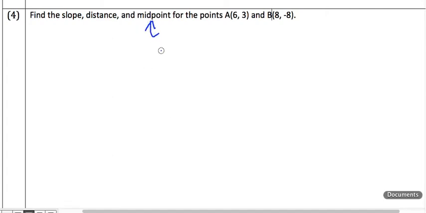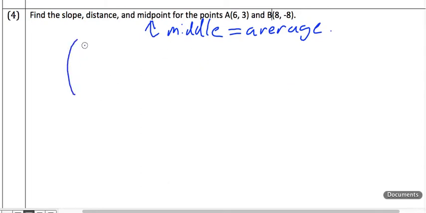Anytime you see the word midpoint, there's a formula that goes with that. Just remember, middle for 2 numbers. This is only true for 2 numbers, or 2 points. Middle equals average. So we're finding the middle of these 2 points. That's the same as taking the x values and averaging them. So x1 plus x2 divided by 2. That'll be the average for x.